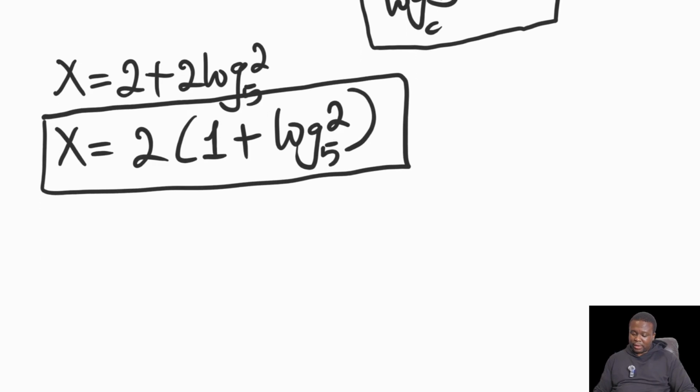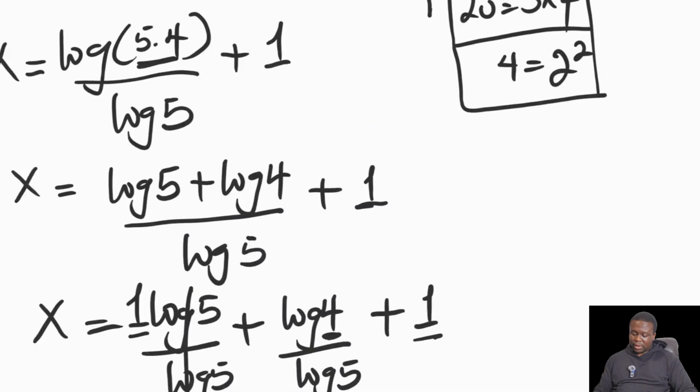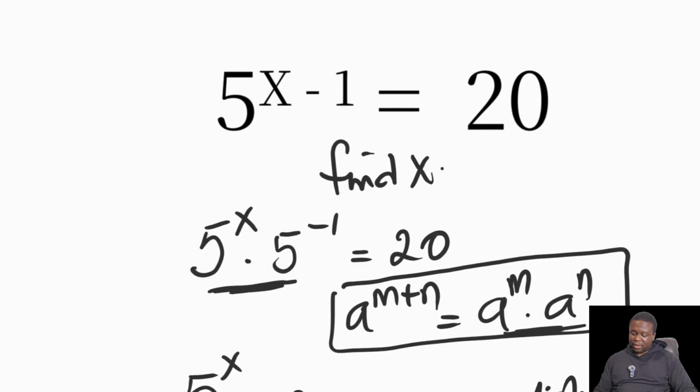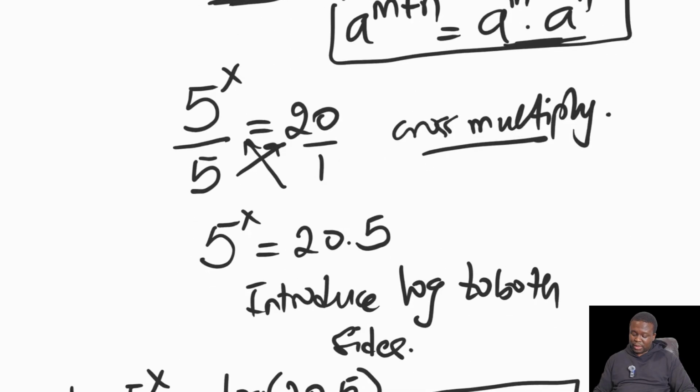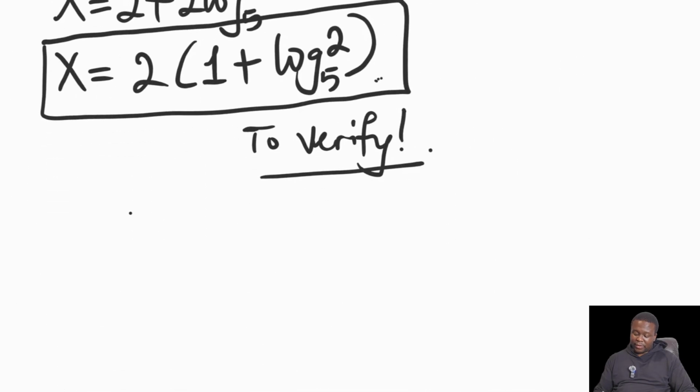Now let's go ahead and verify this answer just to see if our answer is correct. To verify, let's go back to our question. 5 raised to the power x minus 1 equals 20. We're trying to find out if it's equal to 20 when we add the value of x.